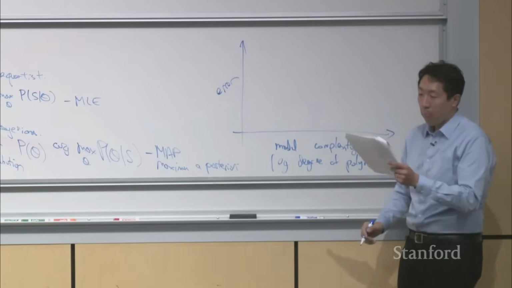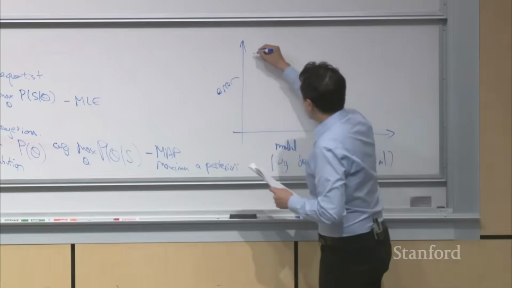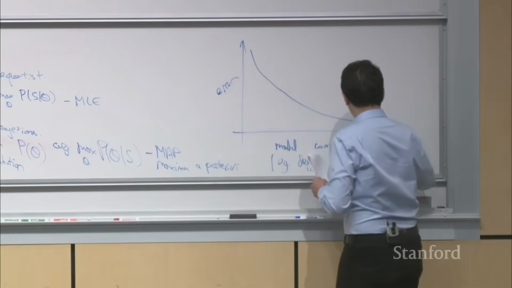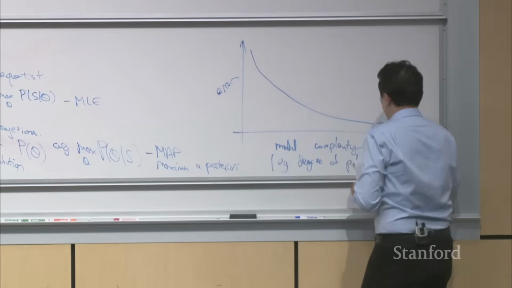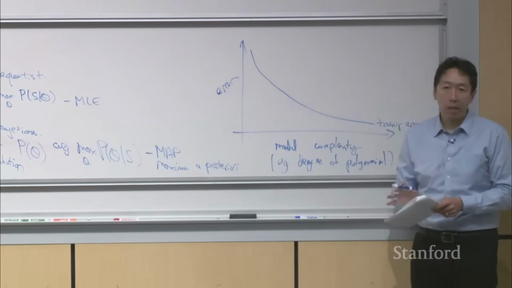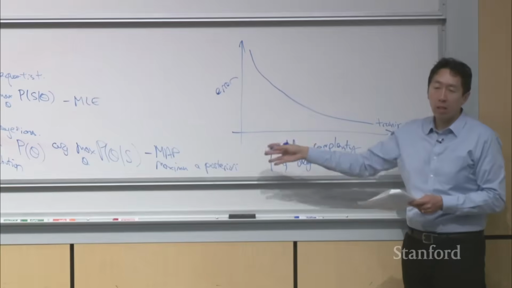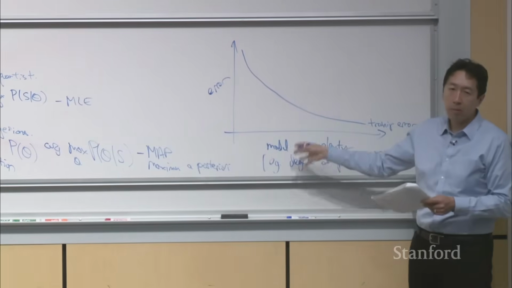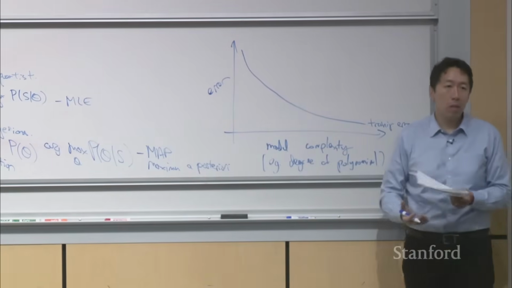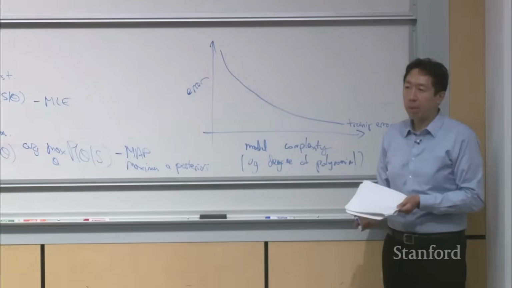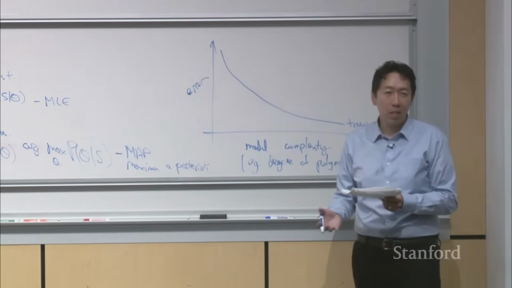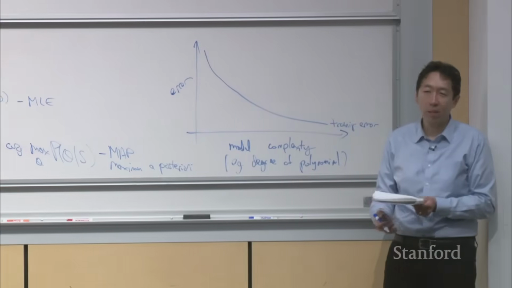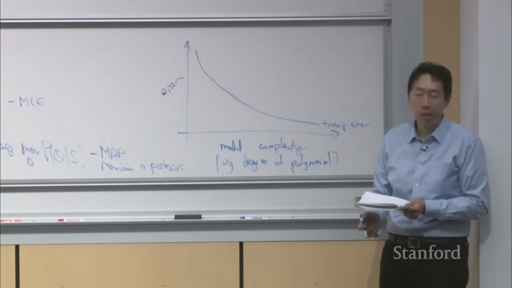What you find is that as you increase model complexity, if you do not regularize, so you fit a linear function, quadratic function, cubic function, and so on, the higher the degree of your polynomial, the better your training error. Because a fifth order polynomial always fits the data better than a fourth order polynomial if you do not regularize.